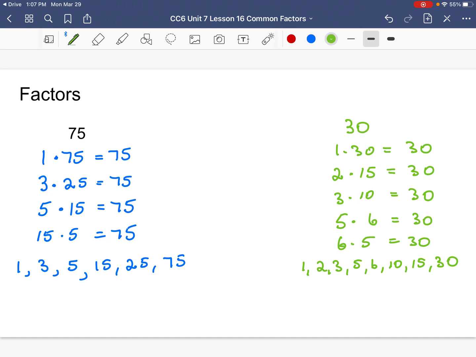What are the common factors between the two numbers? So the common factors, I am going to actually highlight.